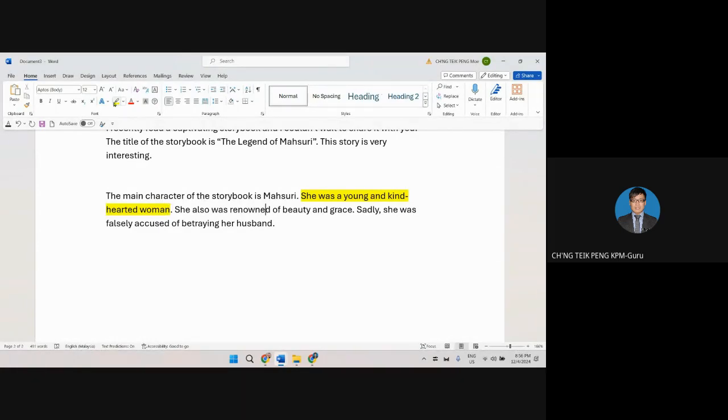She was also renowned of beauty and grace. 这里呢，你不能用 of，为什么？因为你不是在讲这 something smaller is part of something bigger 吗？You are telling me the reason. She was also renowned. Why? Why was she renowned? For her, yes, for her beauty and grace. Sadly, she was falsely accused of betraying her husband.